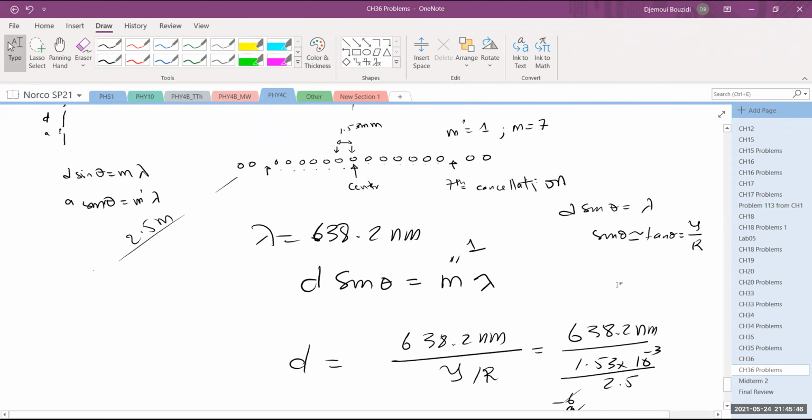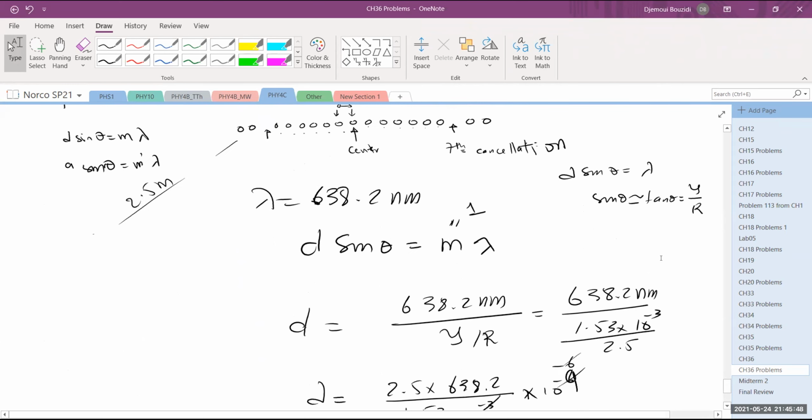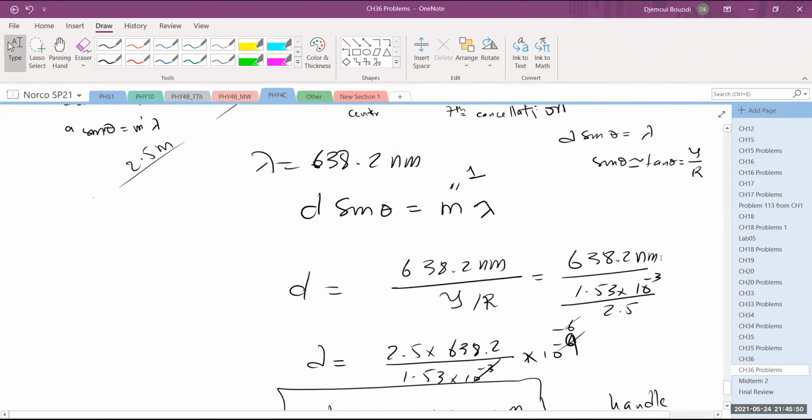The only reason I did it this way is because I know sine theta is equal to, I mean, if you don't trust me, just do this. What is 1.53 times 10 to the negative 3 divided by 2.5? Obviously, this number is very, very small, okay? And this is actually theta in radians. So try sine of this angle in radians and tangent of this angle in radians, and they will be identical, provided this is in radians.